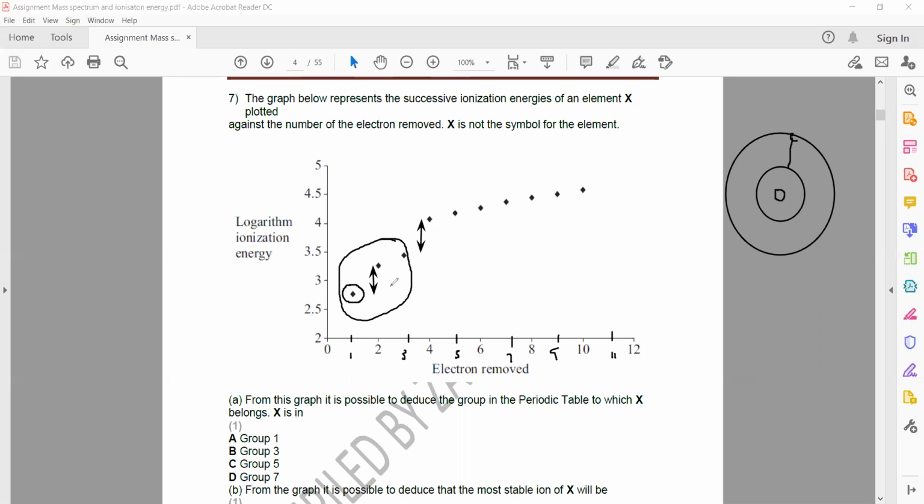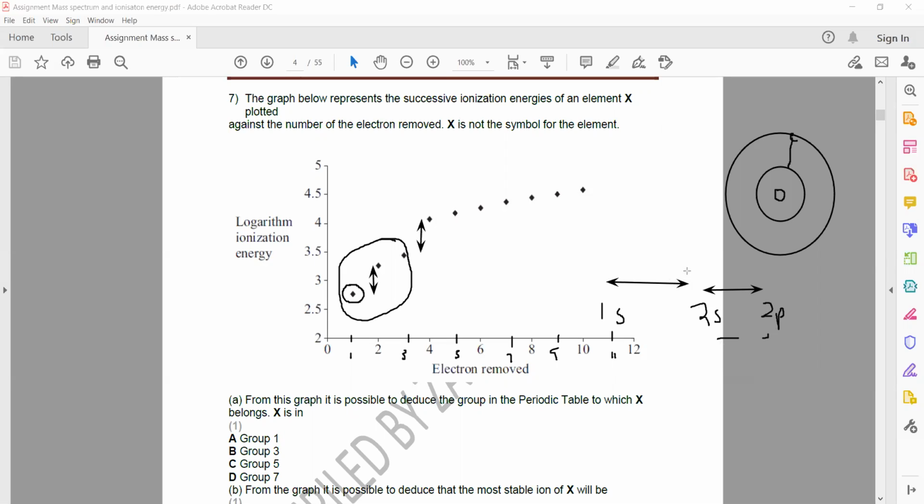Why is this jump a change in the orbital? Because, for example, if I remove an electron from a 2p orbital, I need a smaller amount of energy compared to a 2s orbital. So when the orbital changes, there will be a difference in ionization energy. But when the shell changes, there will be a greater difference in ionization energy.